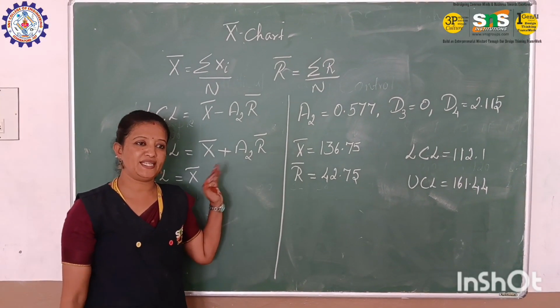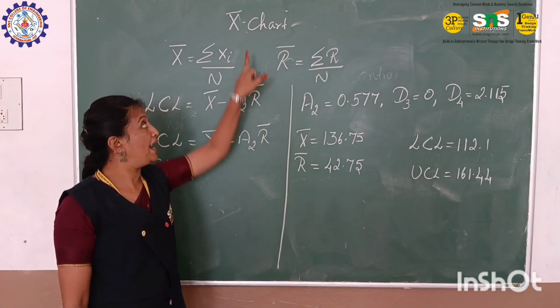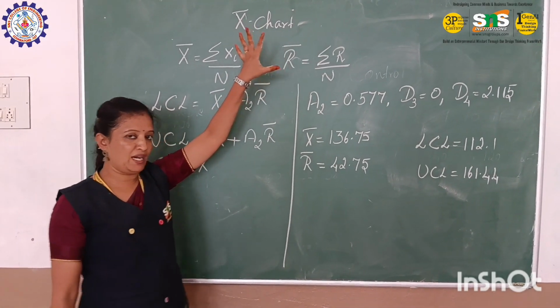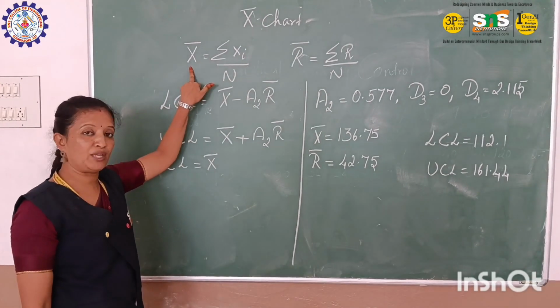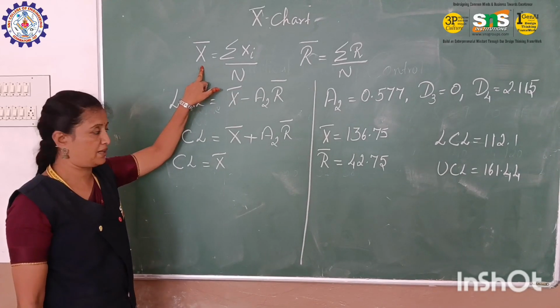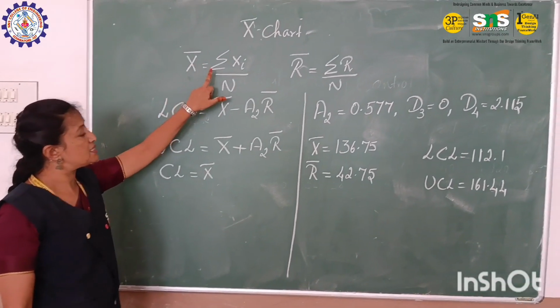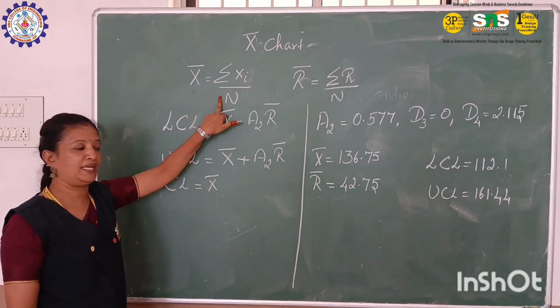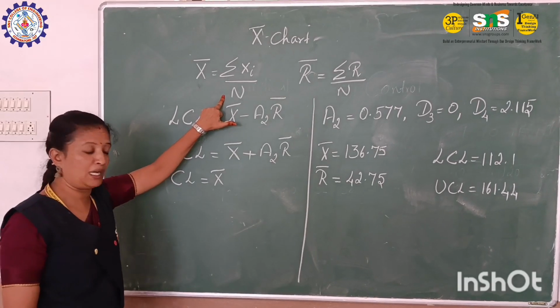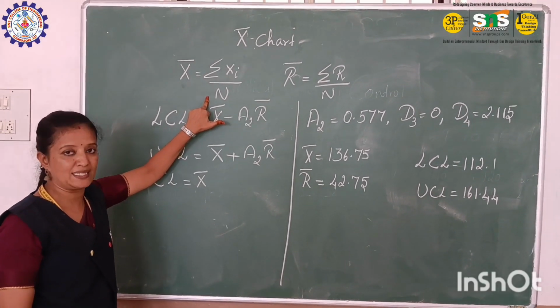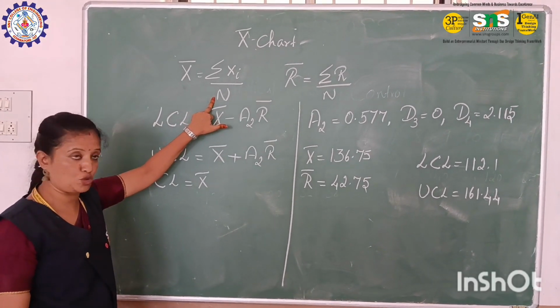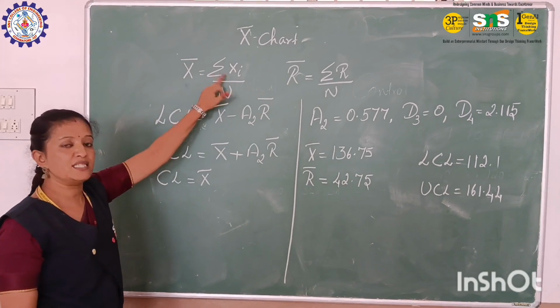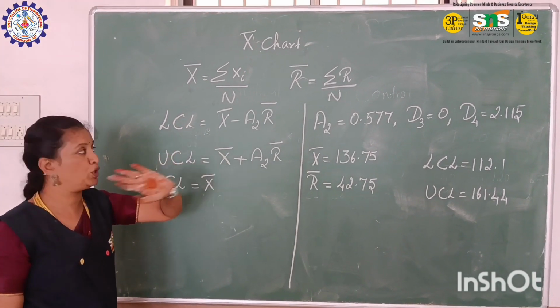Now, from the data, first let us form the X bar chart. For the X bar chart, the first thing that we need to calculate is the mean X bar. Mean X bar is nothing but summation of Xi divided by N. N means sample number. Here we have taken 12 samples. So N value is 12. Summation Xi is all the mean values added together.